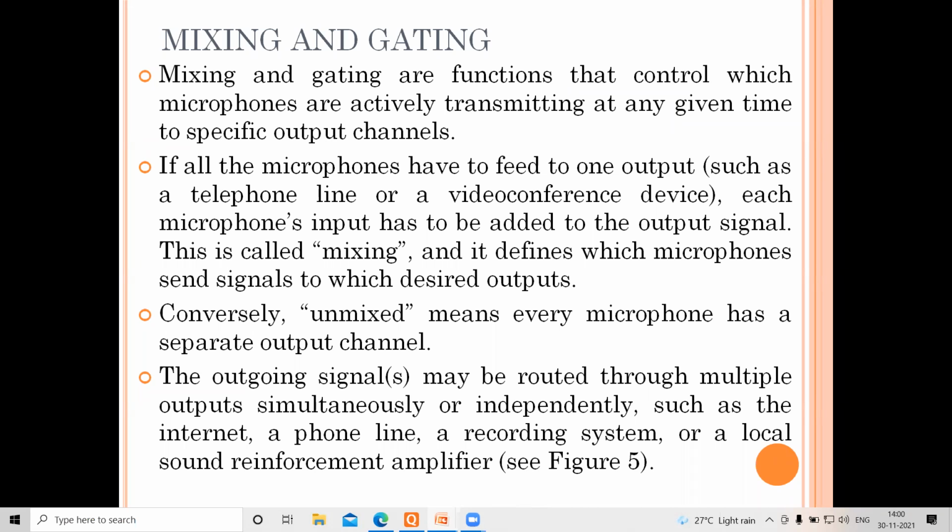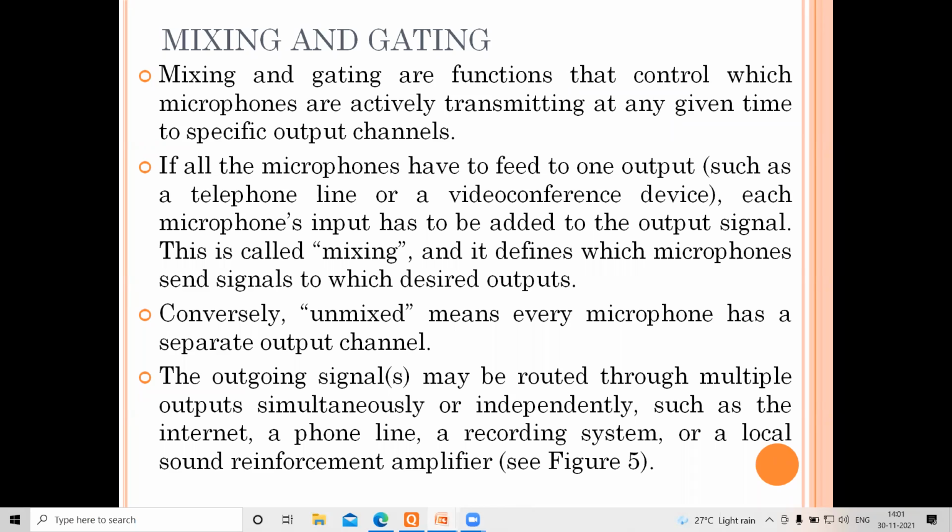If all microphones have to be fed to one output, such as a telephone line or a video device, each microphone's input has to be added to the output signal. To do this, you'll probably have to convert all signals into analog signals and mix them up. Then again, you'll have to separate them and ensure that the information is properly reconstructed.